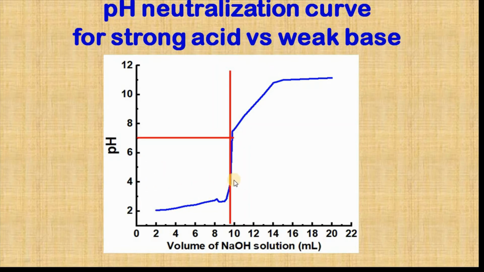So in this working pH range, methyl orange and methyl red work perfectly. So methyl orange and methyl red can be suitable indicators for titration of strong acid versus weak base.